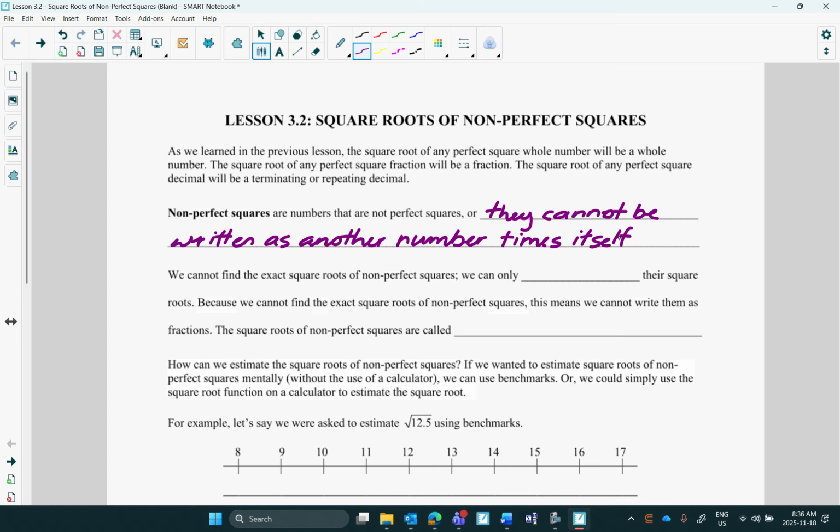So therefore, we can't find the square root of non-perfect squares exactly, because there's just no number times itself that gets us that number. So we can only estimate their square roots.